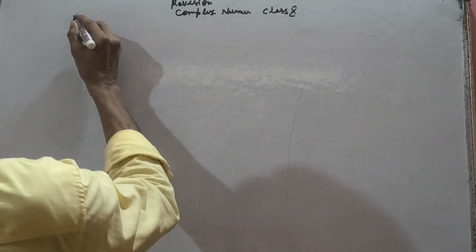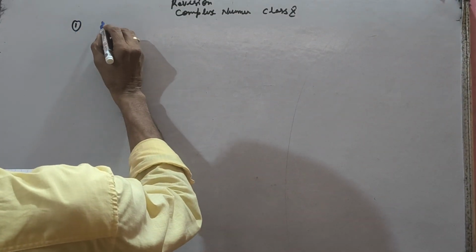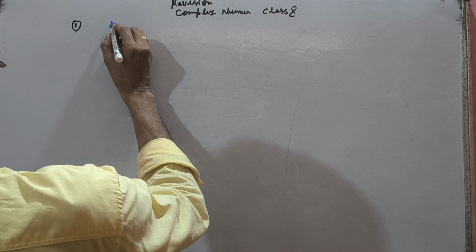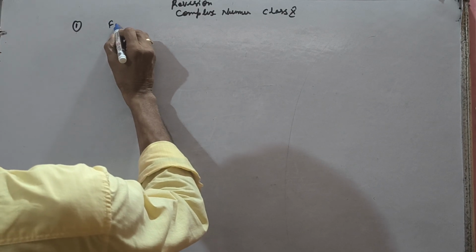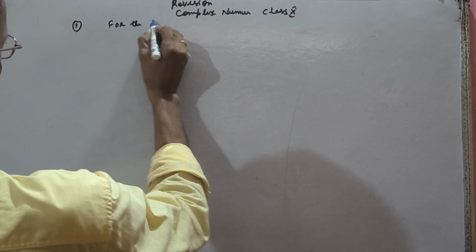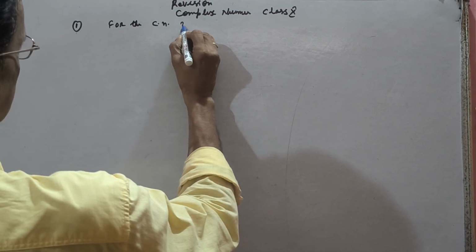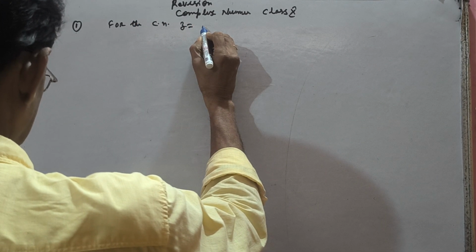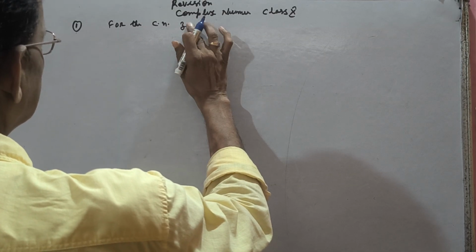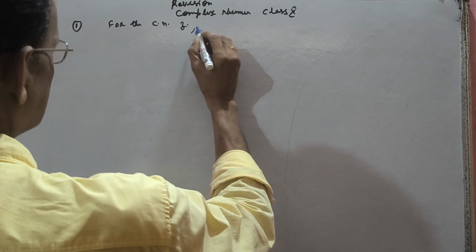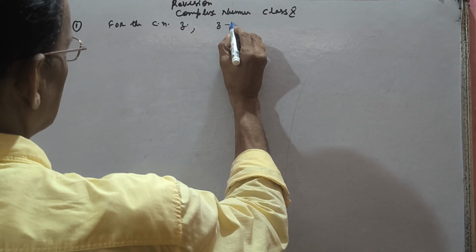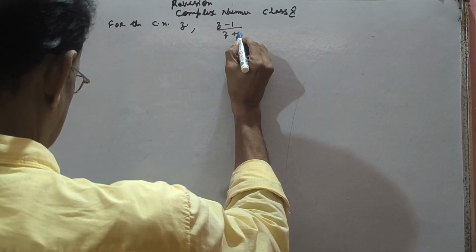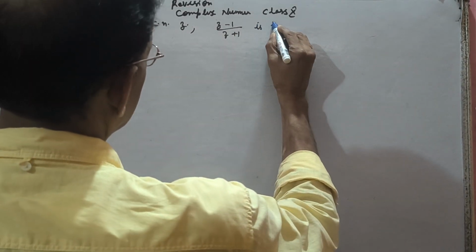Number 1 today. For the complex number z, if z minus 1 by z plus 1 is purely imaginary.